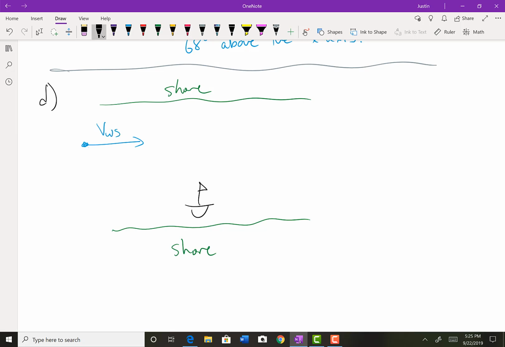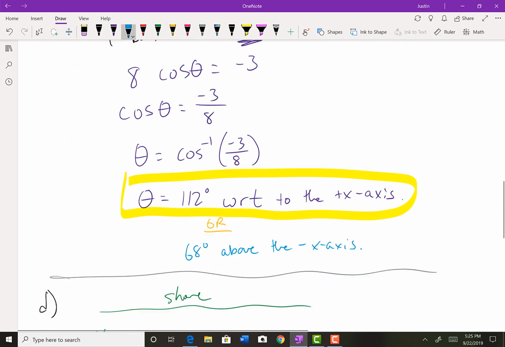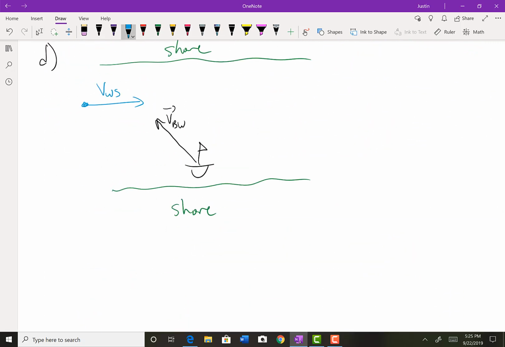But now the boat is moving this way, so here's the velocity of the boat with respect to the water. And as we said, I'm going to use blue. This is the velocity of the boat with respect to the water along x, and this is the velocity of the boat with respect to the water along y.